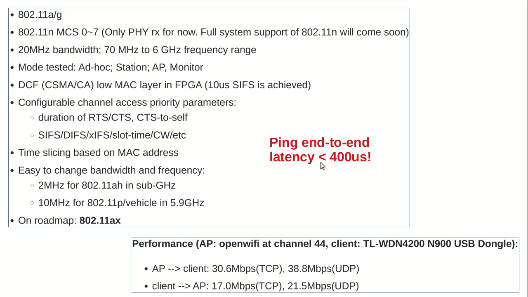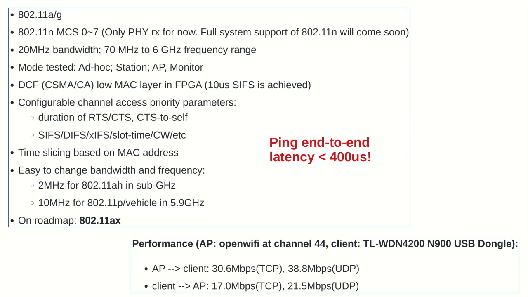The ping latency is significantly lower than commercial Wi-Fi chips or commercial Wi-Fi architecture. Our ping latency can be as low as 400 microseconds. But the commercial Wi-Fi chips always connect to the CPU via a quite complicated channel like PCIe or USB, right?